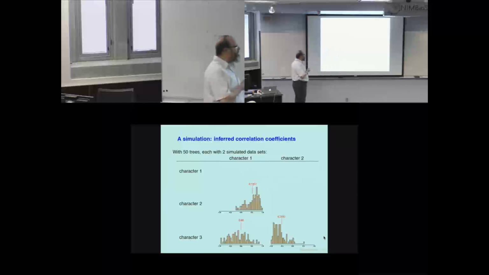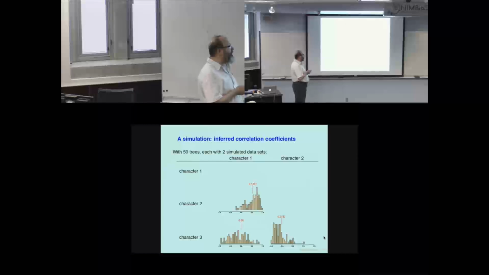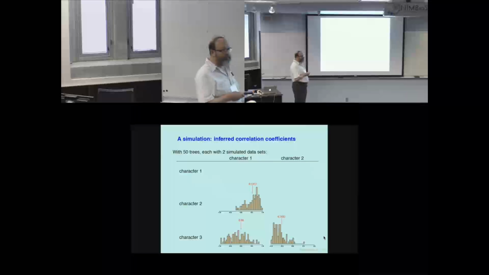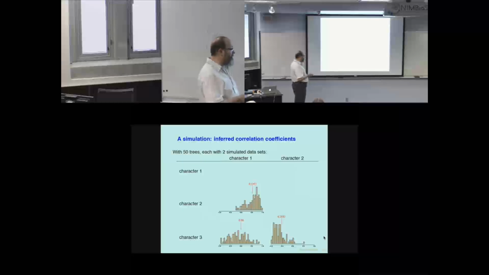From those covariances, I can calculate that the correlation we should get between character 1 and character 2 is plus 0.53. The correlation we should get between character 2 and character 3 is actually minus 0.5145. I left off the minus sign, but you can look on the scale here and see. And here it's supposed to be 0.